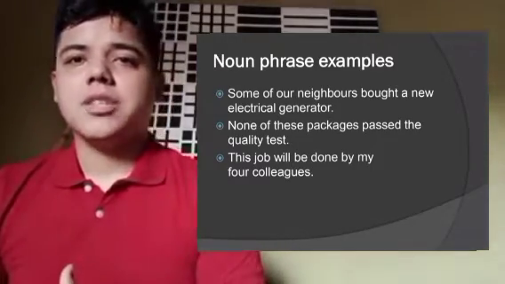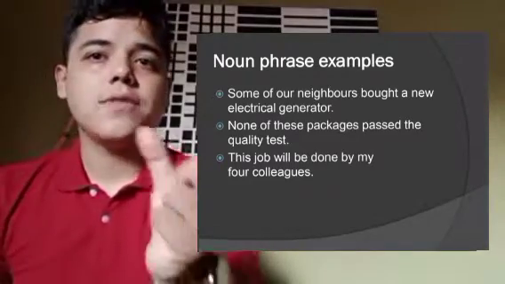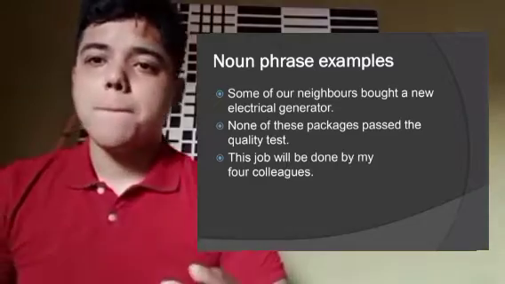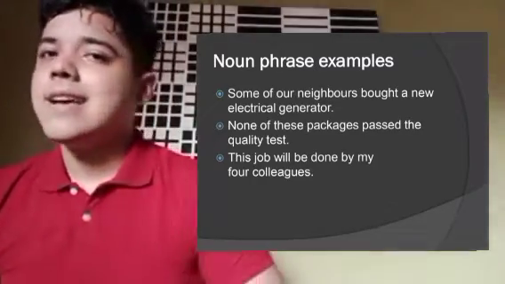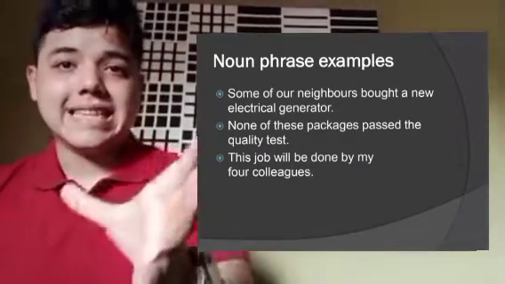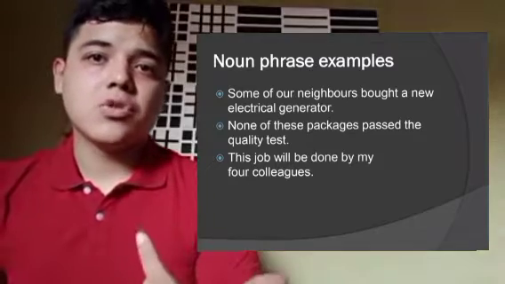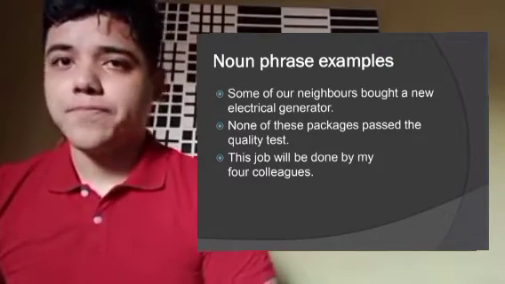None of these packages, as a pre-modifier, and as a post-modifier, passed. As a predeterminer, we have none of. This is the central determiner, and the packages is our noun.